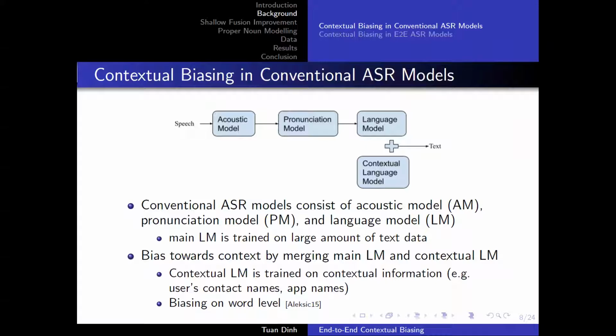We bias the recognition process towards a specific context by merging the language model and a separate contextual language model. The contextual language model is trained on contextual information, such as user contact names. And the biasing happens on the word level.